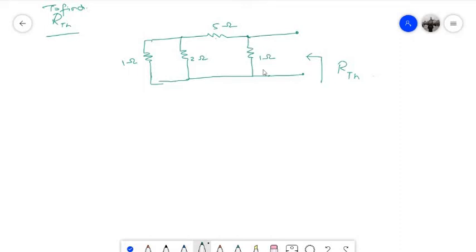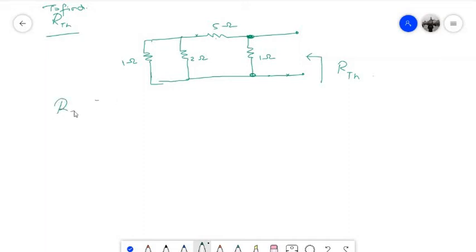Now between this point and this point I am measuring the resistance. I am not measuring from this point and this point. If I were measuring in that way, then this 5 ohm and 1 ohm would be in series. Now this 5 ohm and 1 ohm are not in series because I am actually measuring the resistance between these 2 points. Fine.